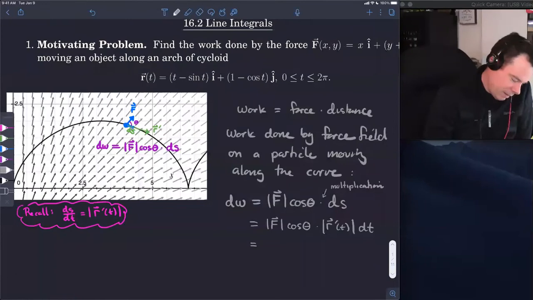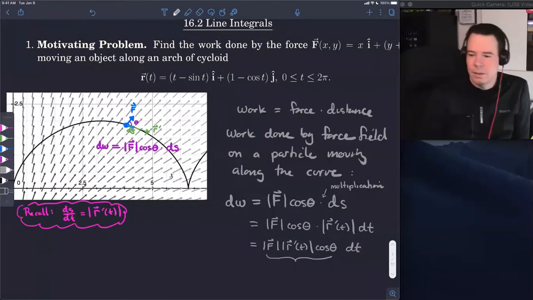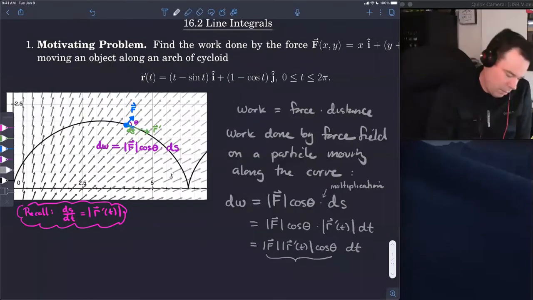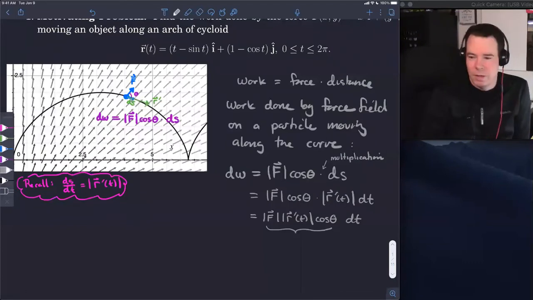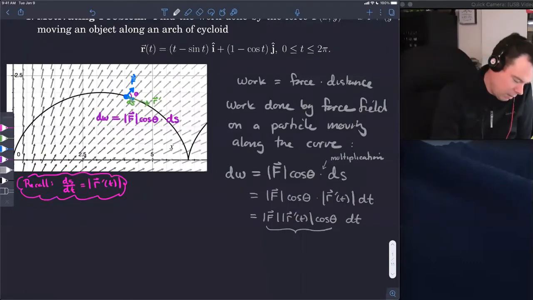Now we can go ahead and rearrange this a little bit. This is the magnitude of F times the magnitude of r prime of t times cosine of the angle between them times dt. And this is a dot product, right? This is the dot product of F and r prime, because another way to compute the dot product is to take the magnitude of the two vectors and multiply by the cosine of the angle between them.